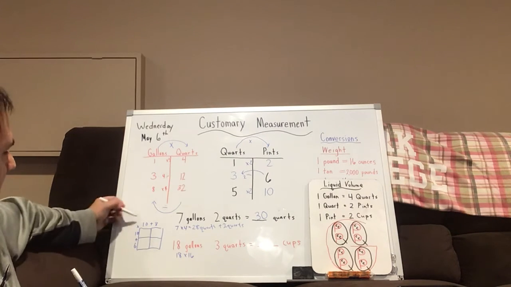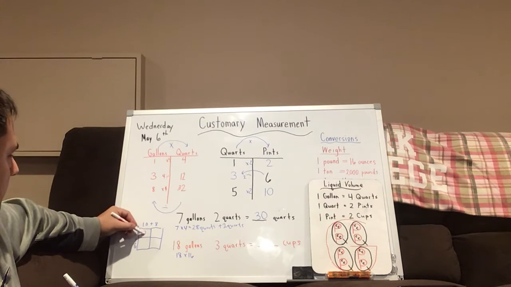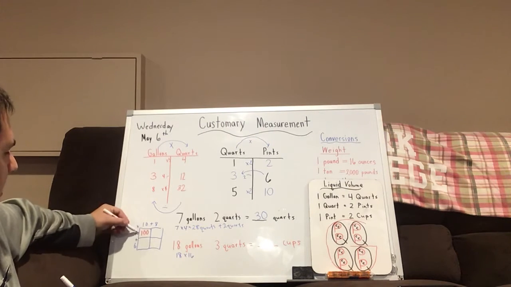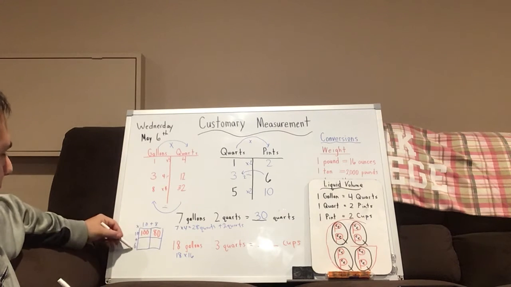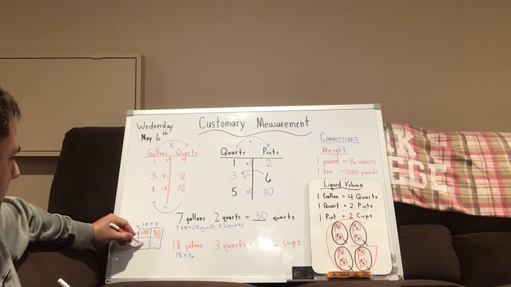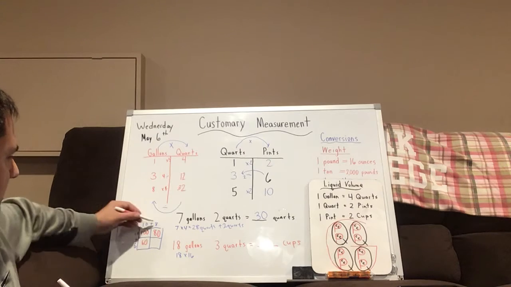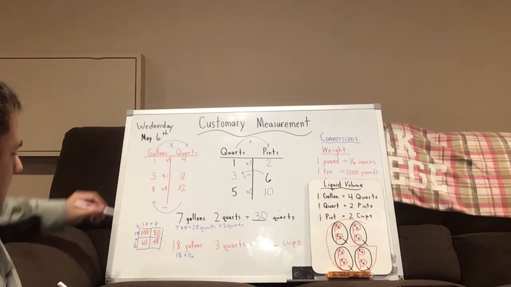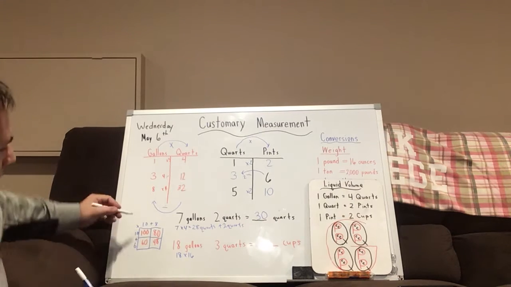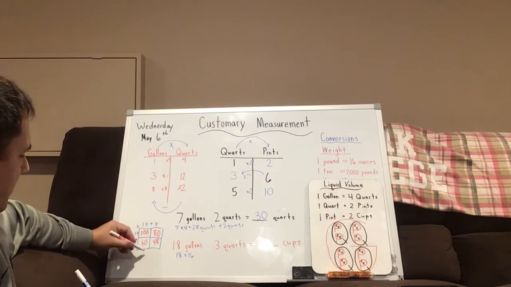I know that 10 times 10 is 100. I know 10 times 8 is 80. I know 6 times 10 is 60. And last, 6 times 8 is 48. And I'll add all of those up. Let's do 100.